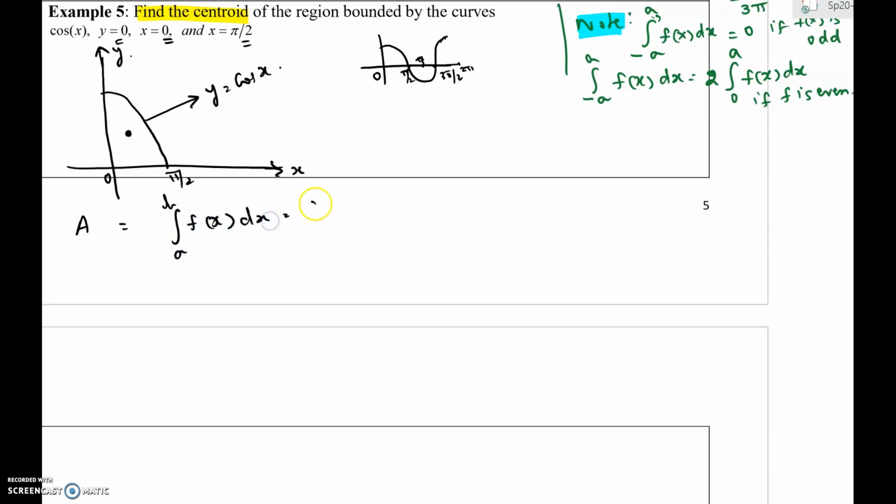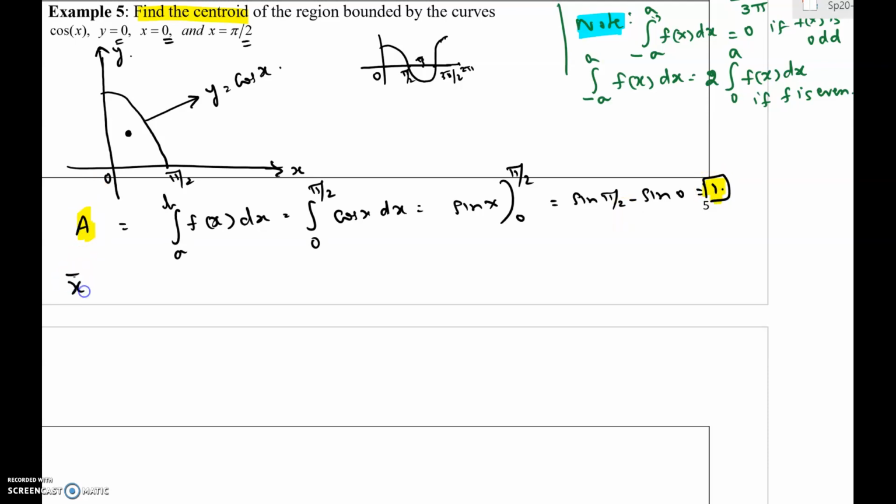In this case, it is integral 0 to pi by 2 cosine x dx, which is sin x between the limits 0 and pi by 2, which is sin pi by 2 minus sin 0. Sin 0 is 0, sin pi by 2 is 1.